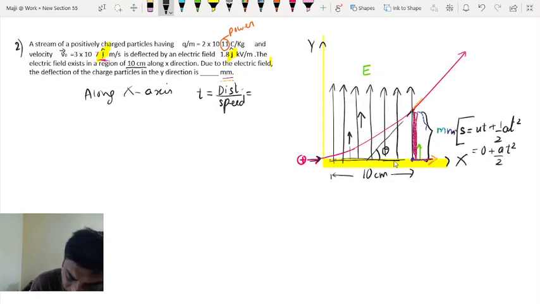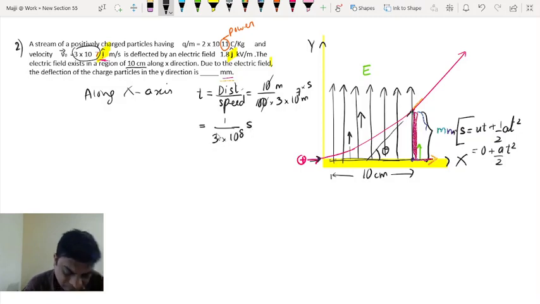So distance covered will be 10 cm, converted into meters, and speed is 3 into 10 power 7 meters per second. So the required time will be 1 upon 3 into 10 to the power 8 seconds. This is the time it takes to cross the electric field.